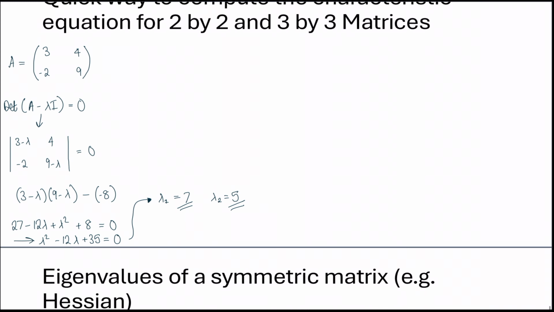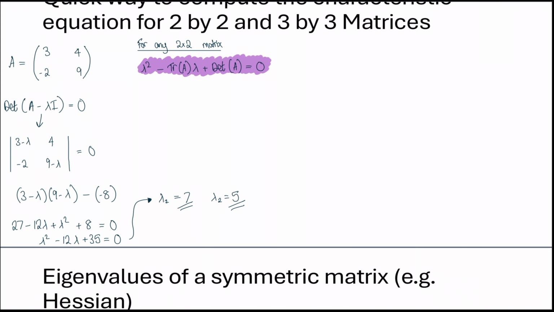A quick way to get to this final quadratic equation is to use this rule. So for any 2x2 matrix, to work out this quadratic characteristic equation, it will be lambda squared minus the trace of that matrix, lambda, plus the determinant of that matrix A, and that's equal to 0. Just to see if this holds true, we will use it right now.